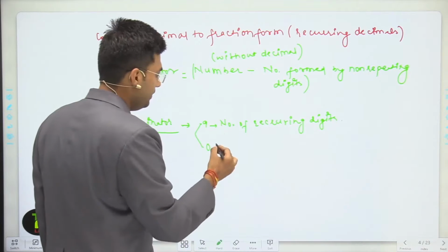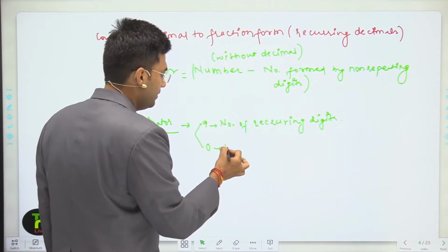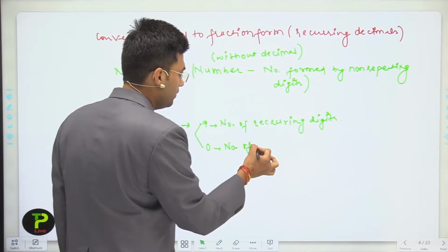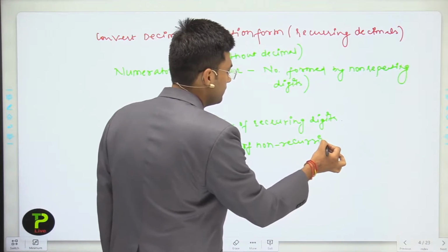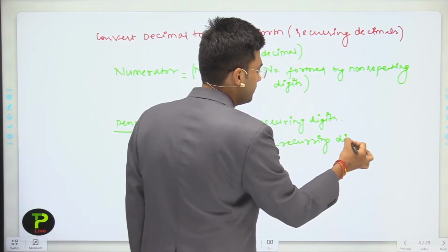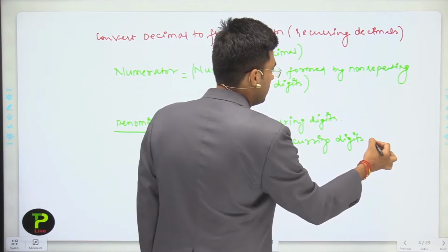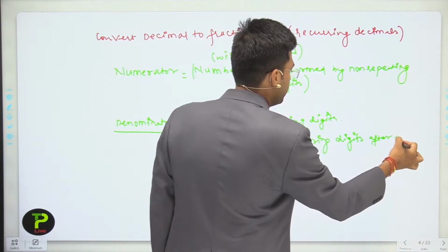And how many zeros are there? It depends on the number of non-recurring digits after the decimal.